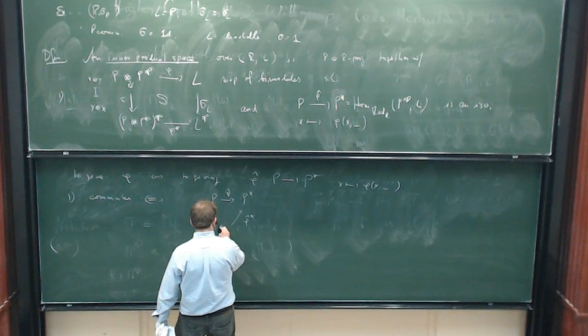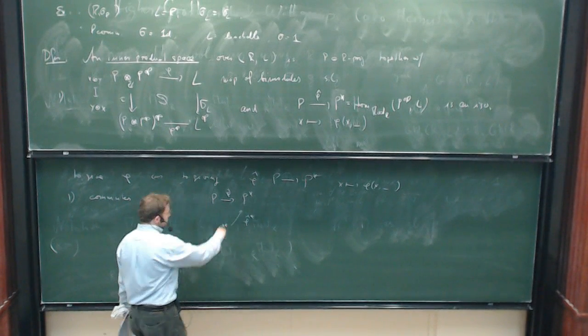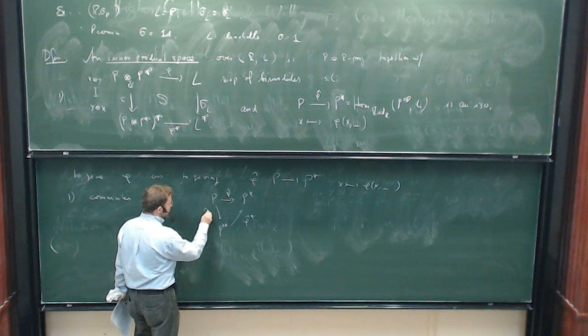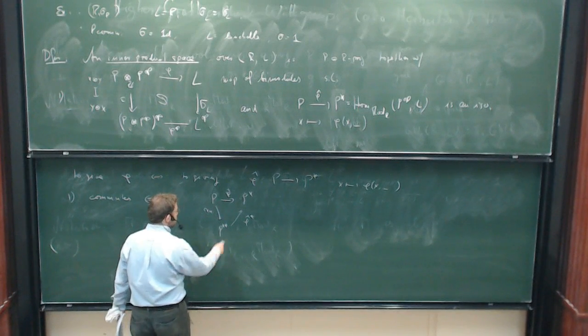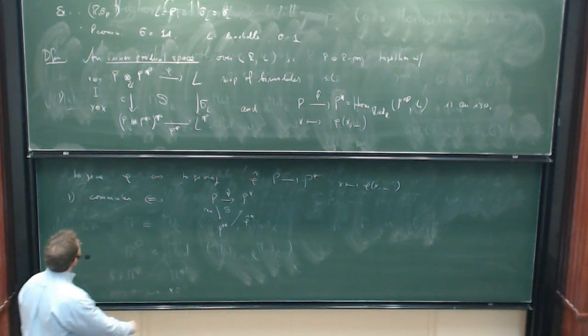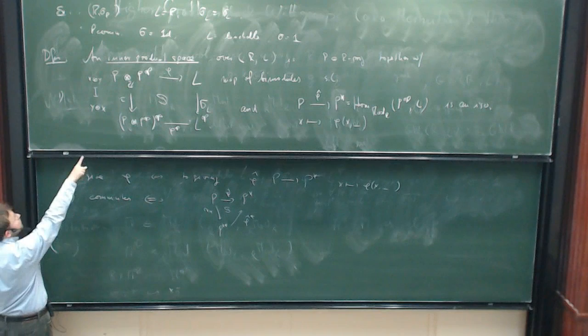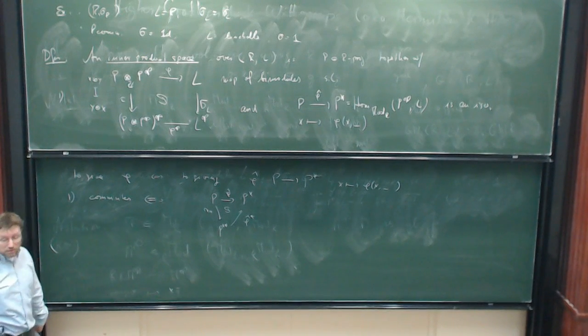So then I go from P upper star to that, and then here's the canonical isomorphism. So the exercise is to check that one commutes if and only if that commutes.